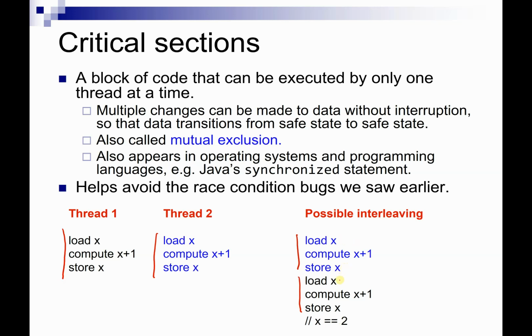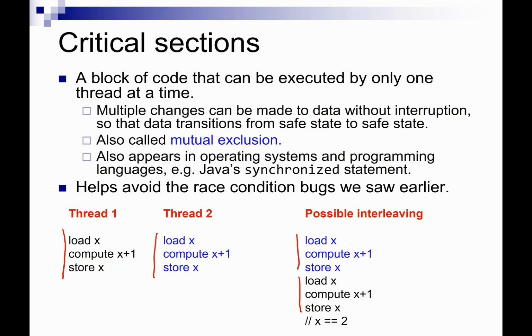Then thread 1 reads x as 1, increments it, and stores 2 back into x. Even if thread 1 goes first, with the black operations happening first and then the blue ones, you would still have x equal 2 at the end. As long as all three operations happen together without interruption from any other threads, the program is going to work correctly.